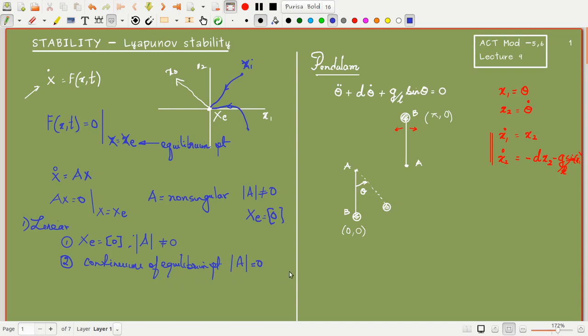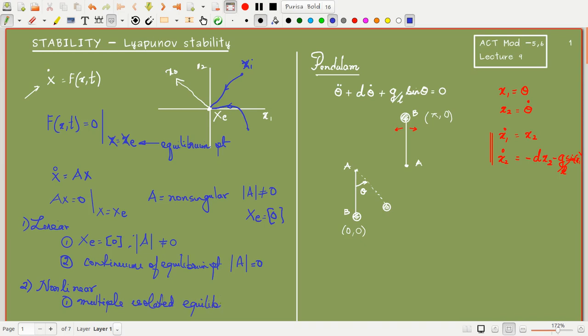Maybe the whole x1 axis can be equilibrium points. But the difference between the linear and the nonlinear system is that a nonlinear system can have multiple isolated equilibrium points.